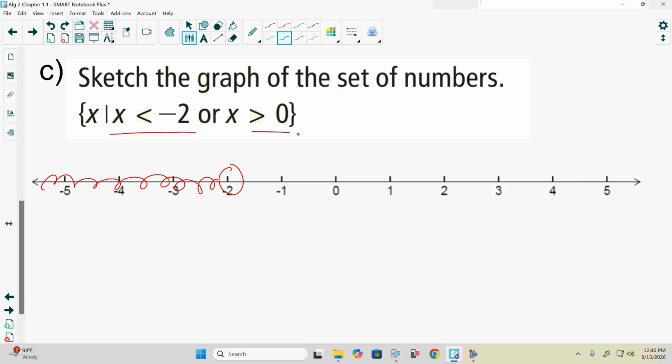X is greater than 0. Endpoint is at 0. And then we obviously shade to the right. Or hopefully obvious. If not, we can always get our test points and see which way we go, which one makes the statement true. That's it. Questions on this here?